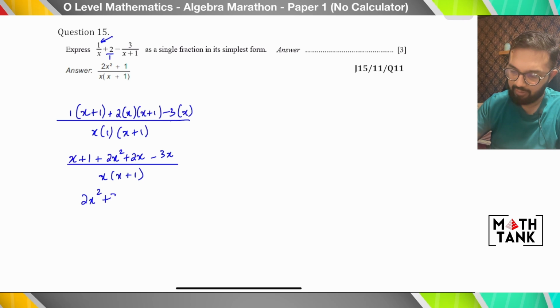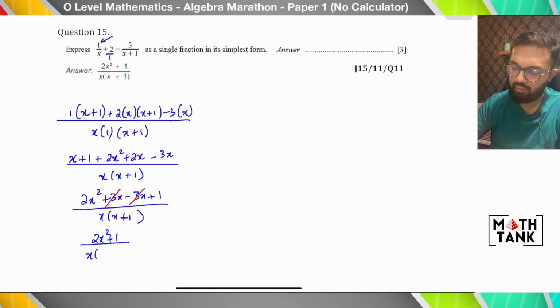So 2x squared plus 3x minus 3x plus 1. Okay, moving on.